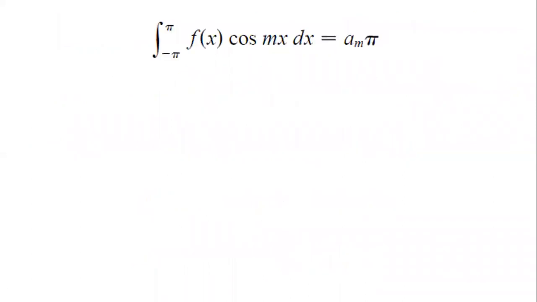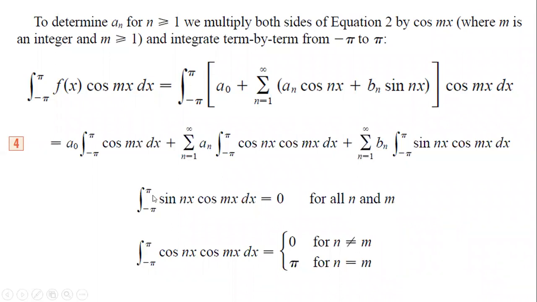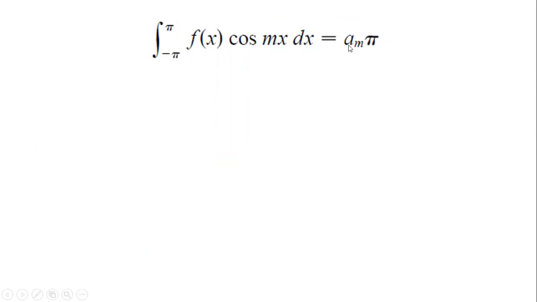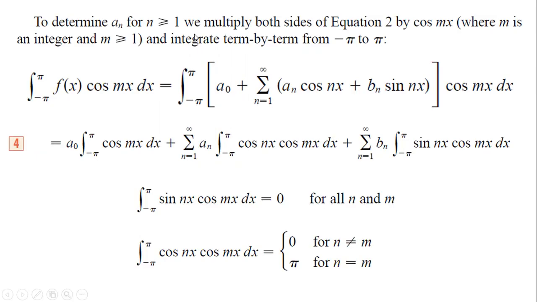So from this equation, okay, we can equate this to this one, yung second term natin. So possible value niya would be pi, okay, times a sub n. Okay, so of course we simply divide both sides by pi. This will give us a formula for a sub n. Okay, and for the first term, we already evaluated this.